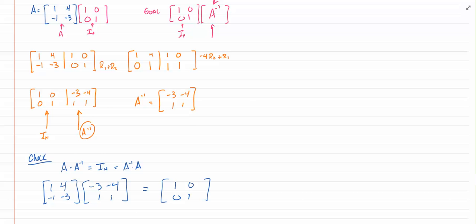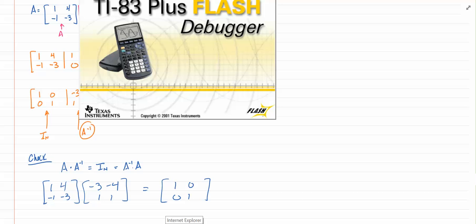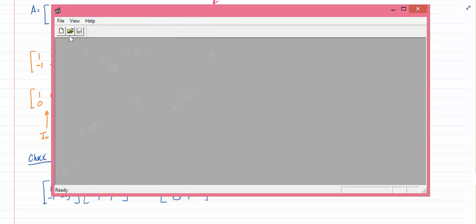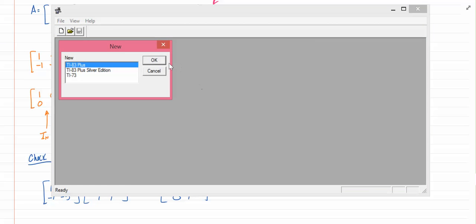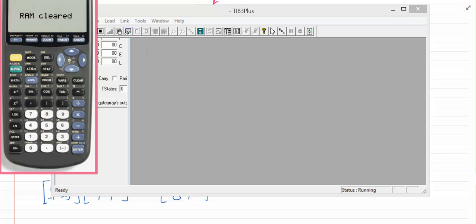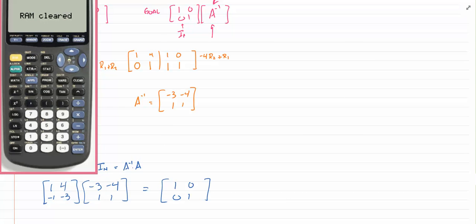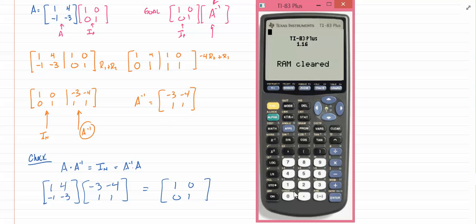So take your calculator out. Save us a little bit of time. Okay, I'll write this down here. I'm going to enter this into my calculator. So turn on, go to second matrix, go to edit, enter. We're going to do a 2 by 2. So I'll do 1, enter, 4, enter, negative 1, enter, negative 3, enter.